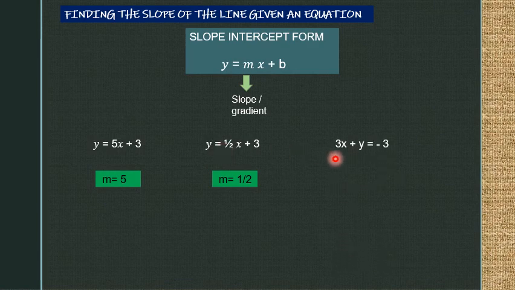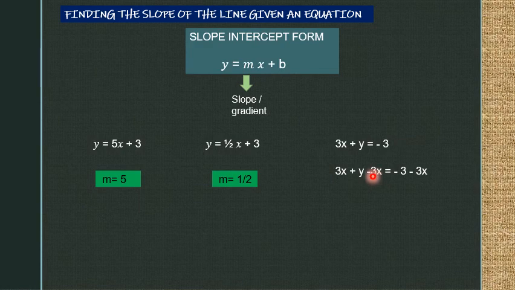And for this one, 3x plus y equals negative 3, it is not in slope-intercept form. We're going to change this into slope-intercept form. So we have 3x plus y minus 3x equals negative 3 minus 3x. How does it become like that? This 3x must go to the right side. So we're going to transpose it, or use the subtraction property of equality.